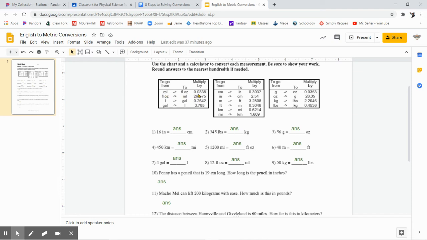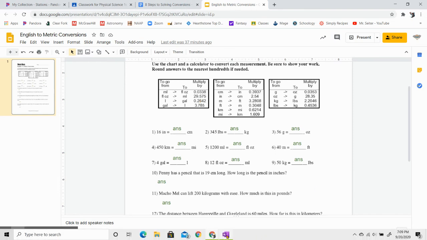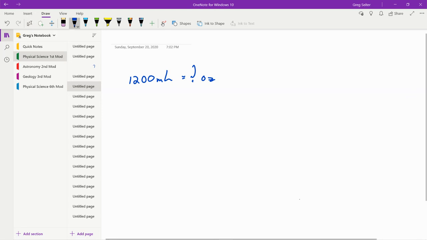I would rather use this because I'm just not a fan of the decimal points in front. So 1 ounce equals 29.575 milliliters. Let's write that down. Okay, so then our next step is to make a fraction.